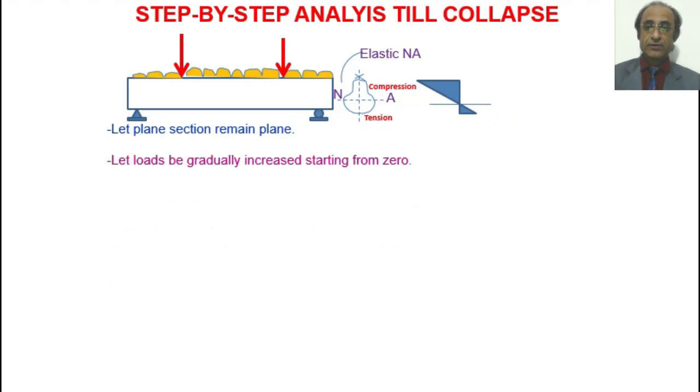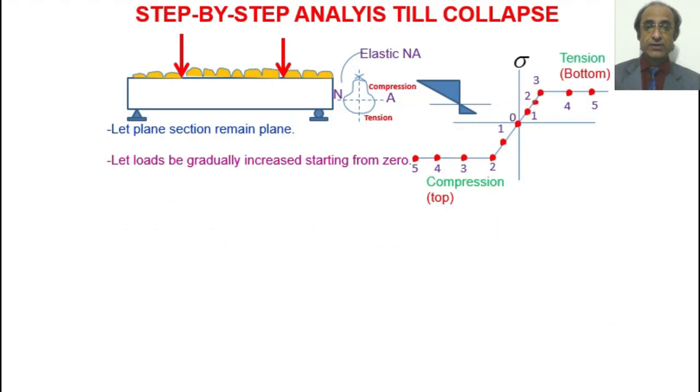For this case, we saw the entire sequence of plastic hinge formation as the section went from point number 0 to 1 to 2, 3, 4 and 5. When it reached point number 2, that implied that on the compression side we have reached the yield stress point, but on the tension side we have not yet reached.